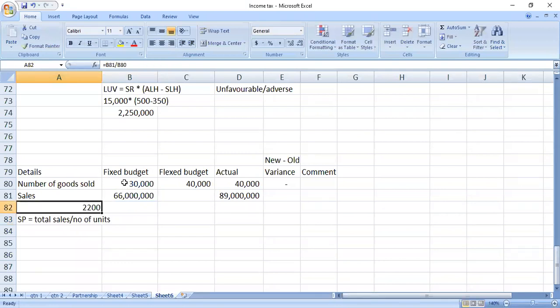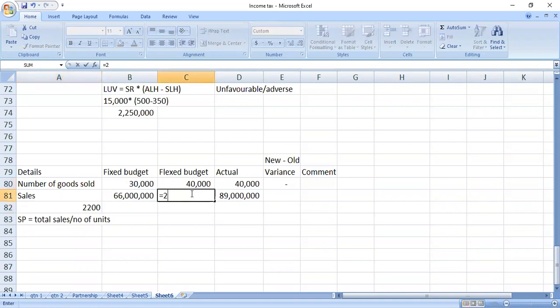This will give us the selling price. So at a level of activity of 40, your sales must be selling price times level of activity. Hence, 22,000 times 40,000. That is how you end up having this.